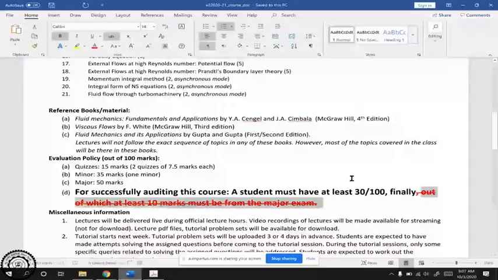So as long as you have 30, and you apply for an audit, you will get an audit pass, irrespective of whether those 30 marks come from minor quizzes or major. I will not pay attention to that. Okay, I hope this is clear. So this is the policy we will follow. The other policy of grading is the same.